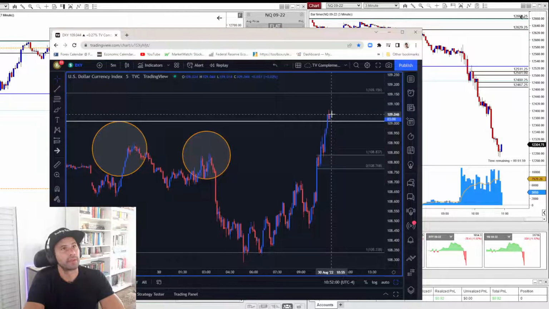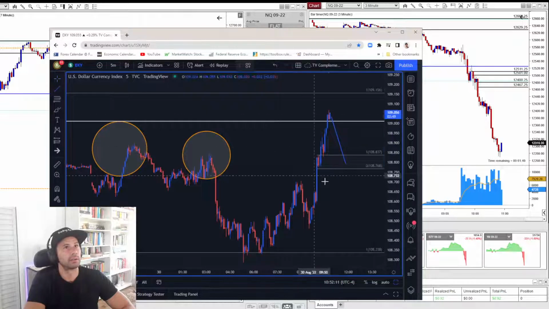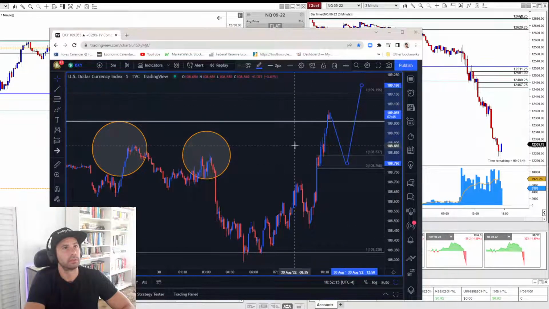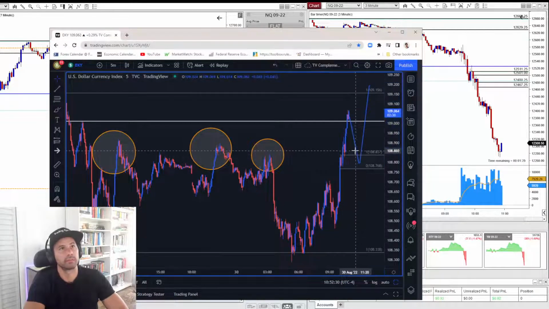Let's see if we can have some downside from here after this guy from New York Fed is talking. See if we can have the short right here. This might be the movement. Actually, after the break, we had some retest right here, but it was so fast. Like, I wasn't paying attention here.